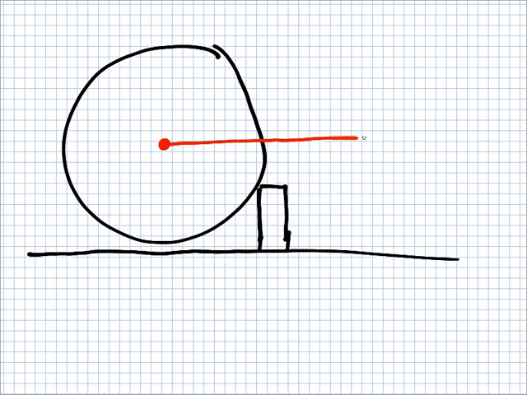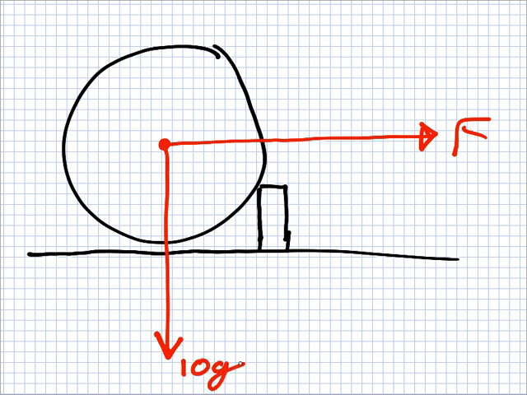There's another force acting on this. The weight, obviously. What's the mass of this guy? 10. So there's a 10g here. But there is one more force I didn't draw.